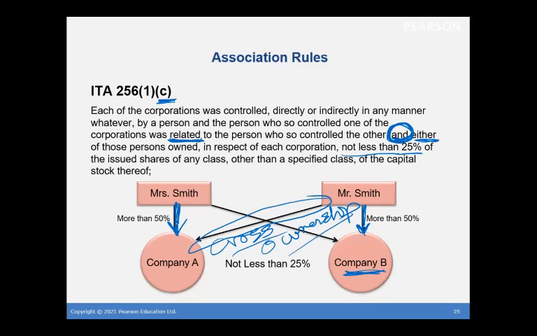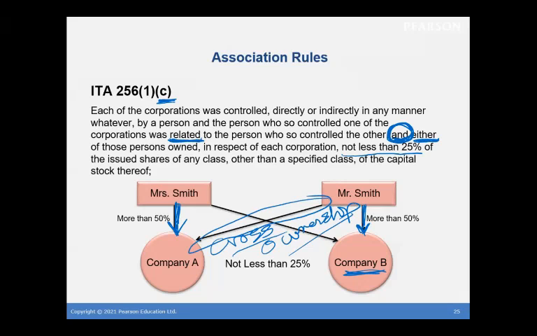Either, the language is very important, so you don't need crisscross, just cross. That's what the either means. Either of those persons owned, in respect of each corporation, not less than 25% of the issued shares of any class other than a specified class of the capital stock thereof. So it's a little bit of mumbo jumbo language.